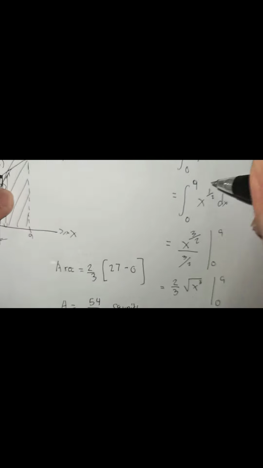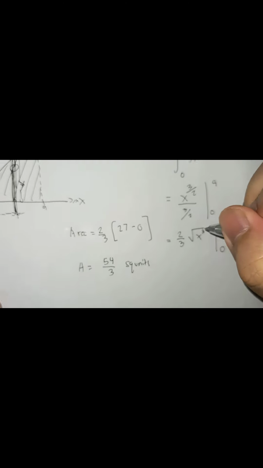I apologize for that, I'm very forgetful. dx from 0 to 9, and then when we integrate it, it becomes x raised to 3/2 over 3/2 with a limit of 0 to 9.